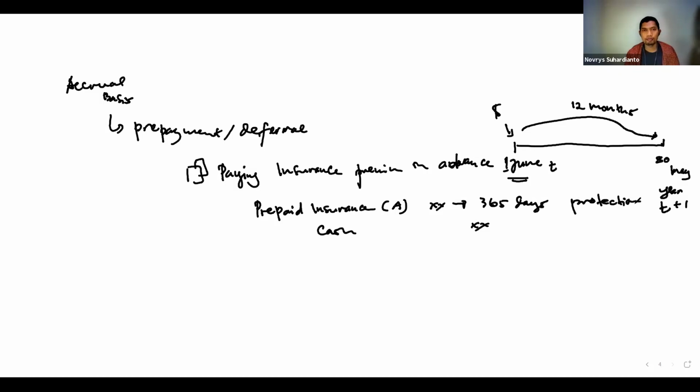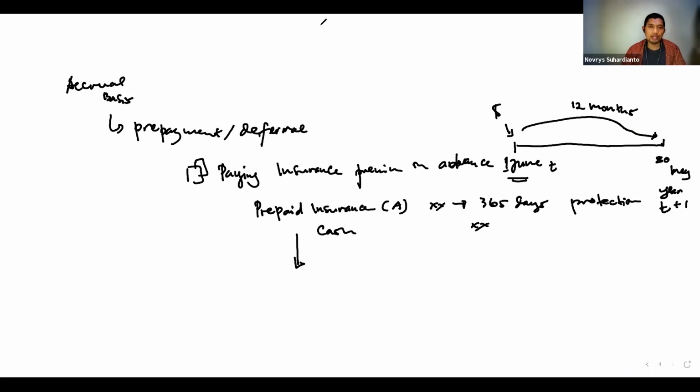Okay, again, this prepaid insurance will give you 360 days protection. Then at the end of the period, you need to recognize that some of the economic benefit has already expired.